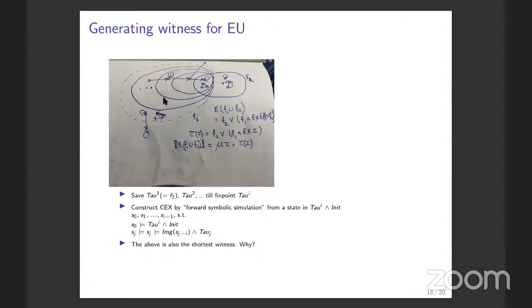Of course, there is some detail which you will have to fill in as to, once you pick a state from here, how do you pick a state? You can pick that state which is in the initial state as well as in this fixed point.